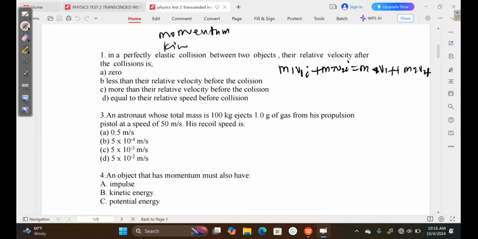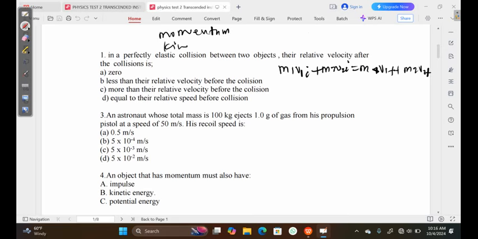So now if kinetic energy is conserved, we need to talk about the velocity now, because the answers are just talking about the velocity. The velocity has to be the same before and after collision. So let us check for that answer.